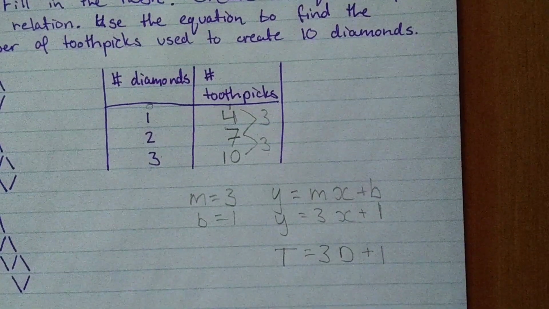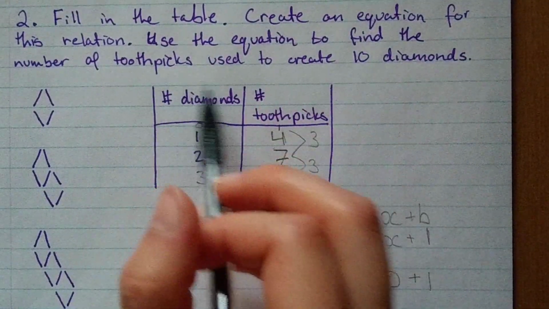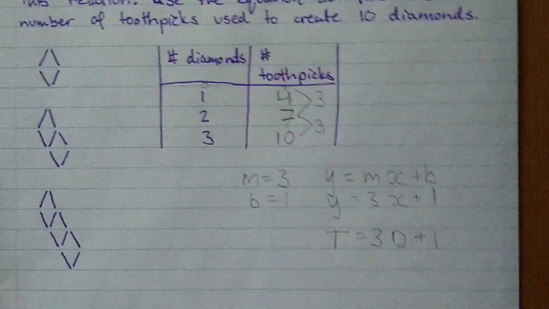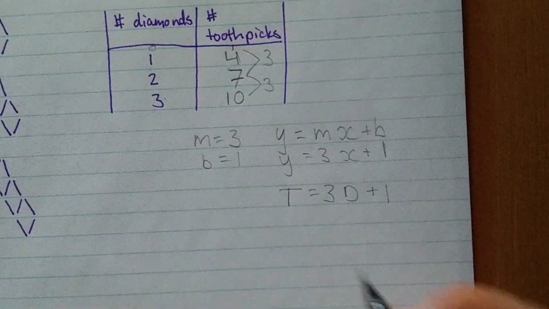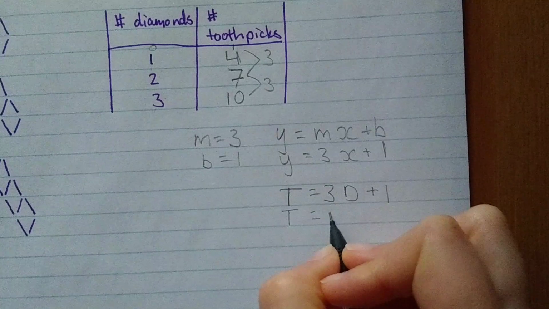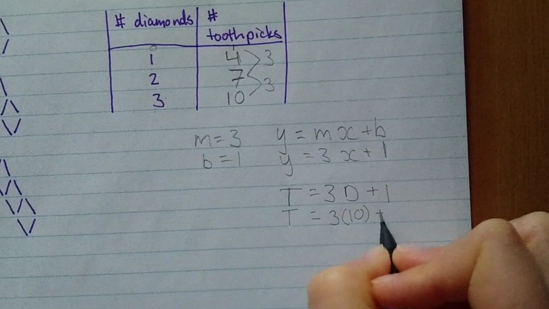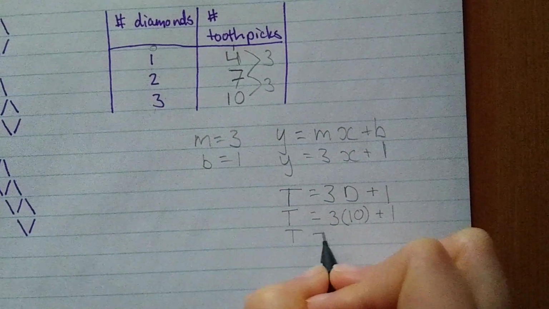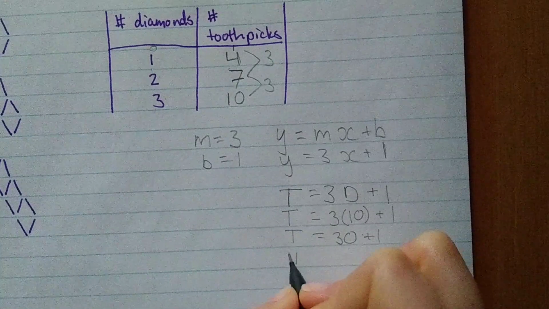Now that we have this equation, we can use it to find the number of toothpicks used to create 10 diamonds. You could just keep counting up until you got to 10, or you can sub 10 into your equation. So for 10 diamonds, instead of d you put 10. So t equals 30 plus 1, which is 31.